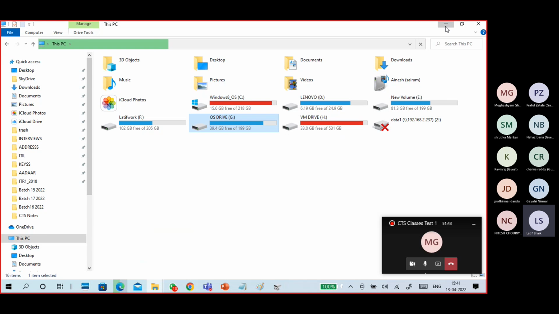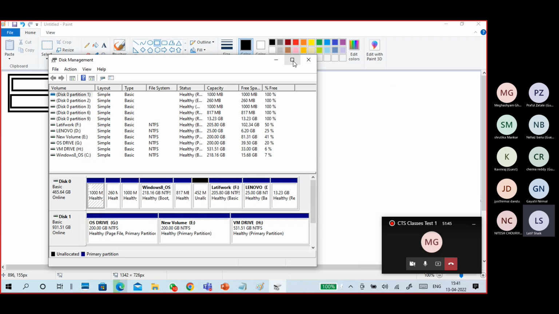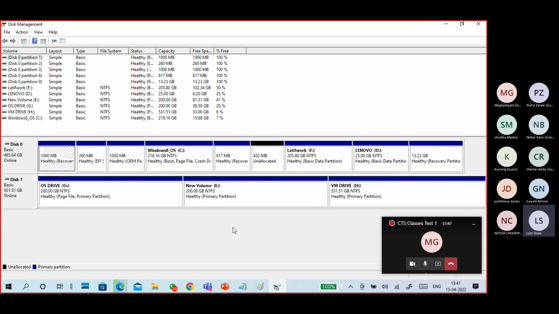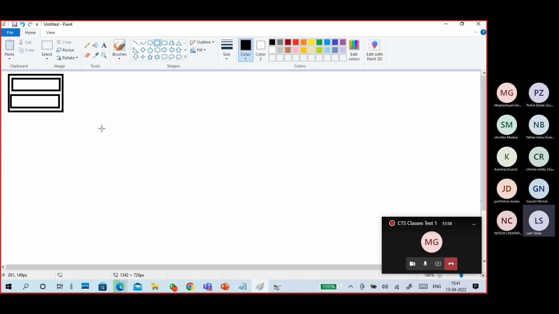Now I have a challenge: the disk does not have enough space. What do I have to do? I have to increase my space, but no space is available here to increase. So we can combine the disk space with other empty, unallocated space and become a large size.